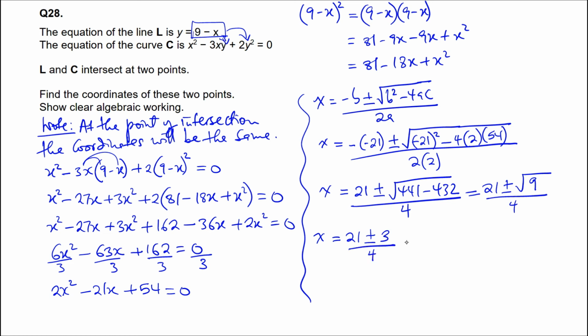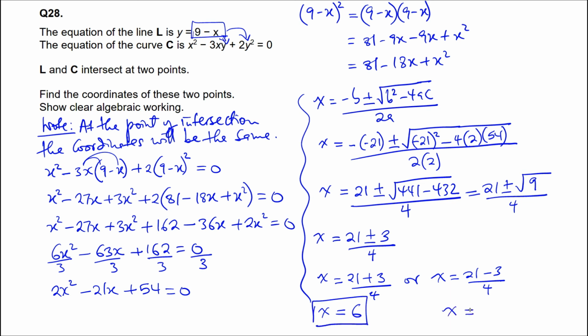So what that means is that either x is equal to 21 plus 3 over 4, or x is equal to 21 minus 3 over 4. And this will give us two values of x. So either x will be equal to 6, or x will be equal to 4.5.